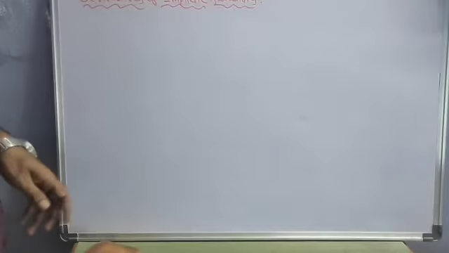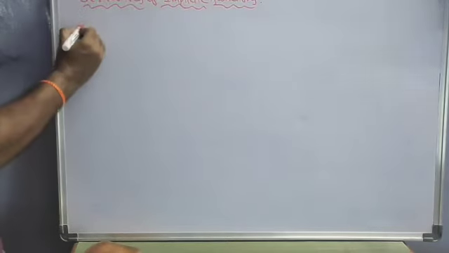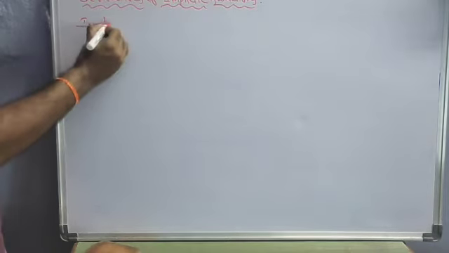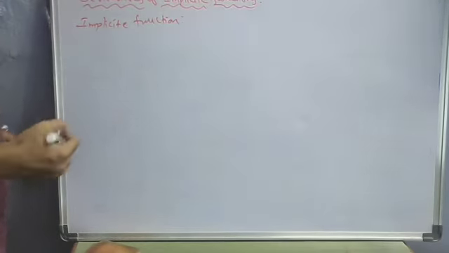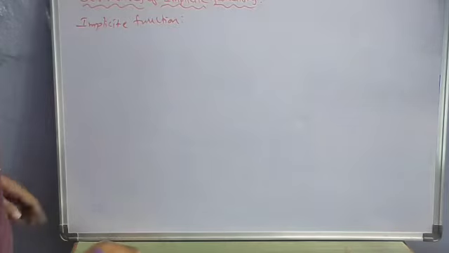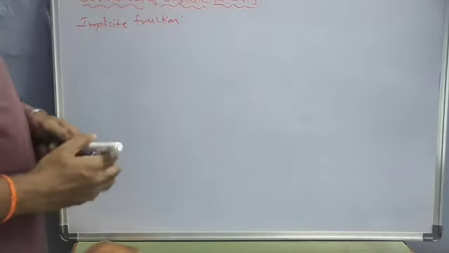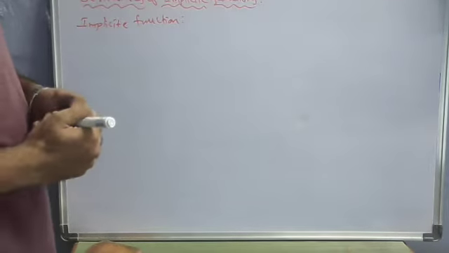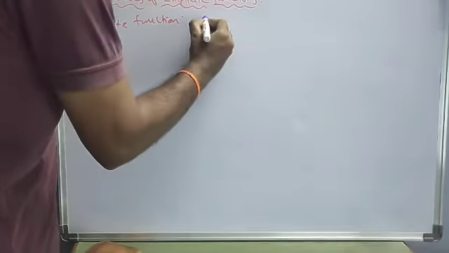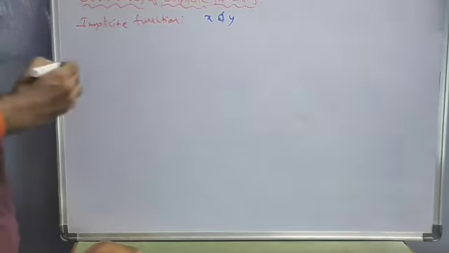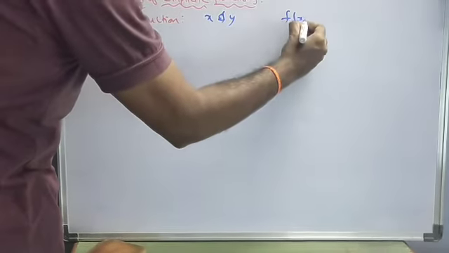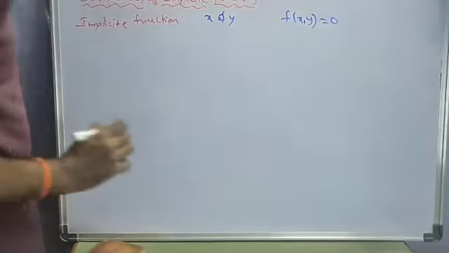First, what is an implicit function? Suppose the variables x and y are connected by the relation f of x comma y equal to 0.